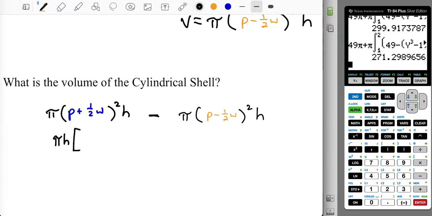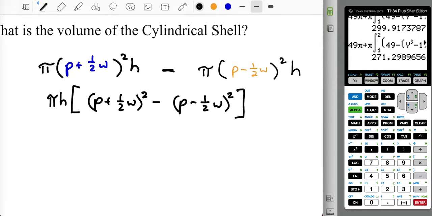So we're looking at P plus 1/2 W squared minus P minus 1/2 W squared. We could distribute, a little double distribution here.